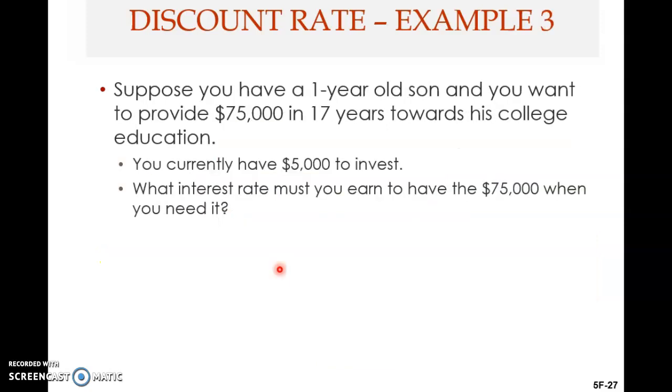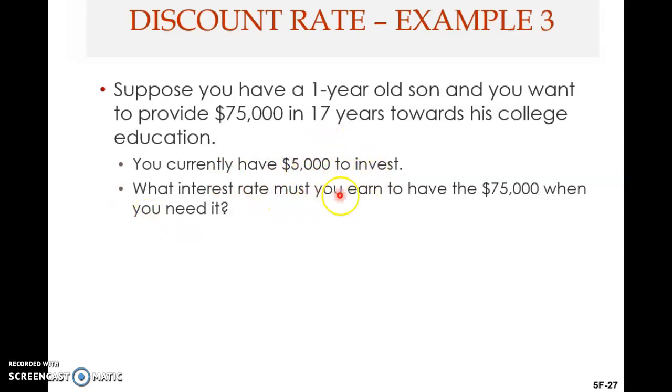Alright, let's look at another example here. Suppose you have a 1-year-old son and you want to provide 75,000 in 17 years towards his college education. You currently have 5,000 to invest.